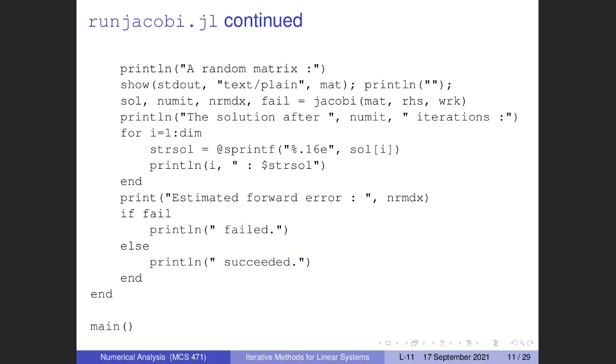Then we print our matrices. Perhaps I should have pointed this out earlier. We print our matrices by this show function, where we are fixing the number of decimal places to 3 after the point.